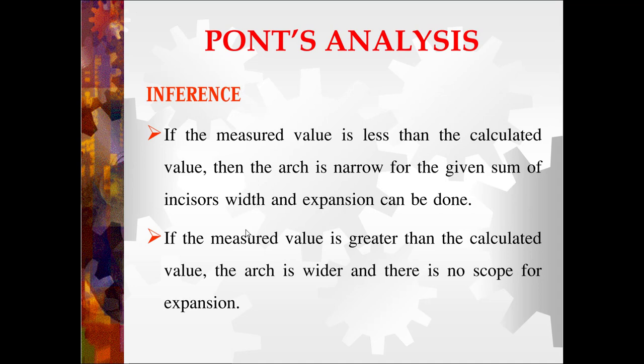If the measured value is less than the calculated value, then the arch is narrow for the given sum of incisors and expansion can be done in that case. But if the measured value is greater than the calculated value, it means the arch is already wider and there is no scope of expansion.